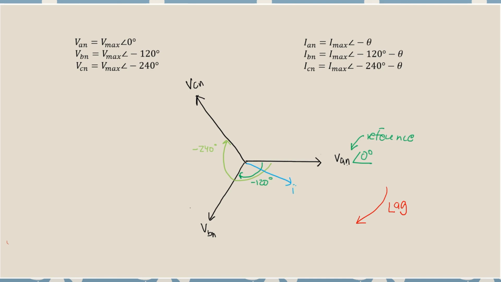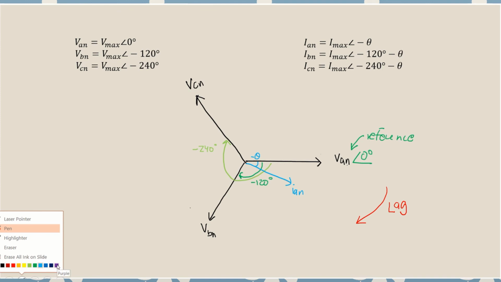Let's draw IAN. So this is the theta, because it's a lag, so that's why it's negative. And that is for IAN.